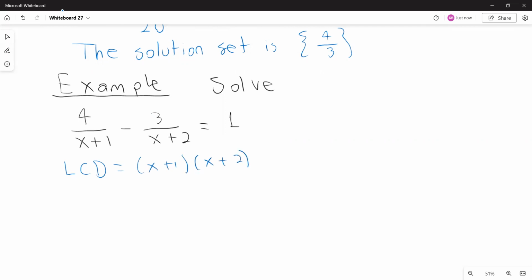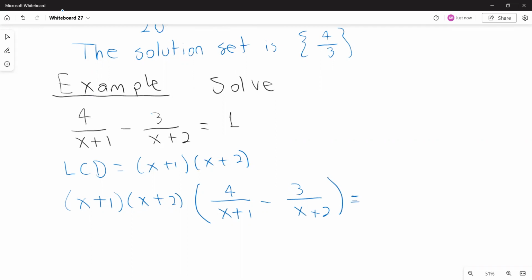We're going to multiply that on both sides. So we're multiplying the LCD to the left side, and we're going to multiply this to the right side.